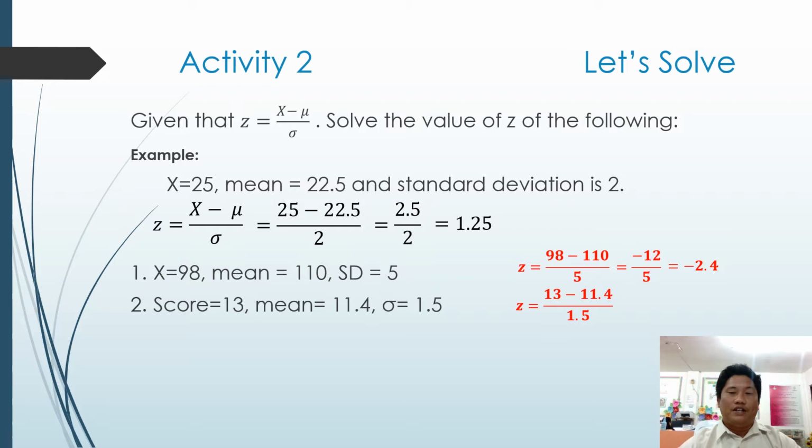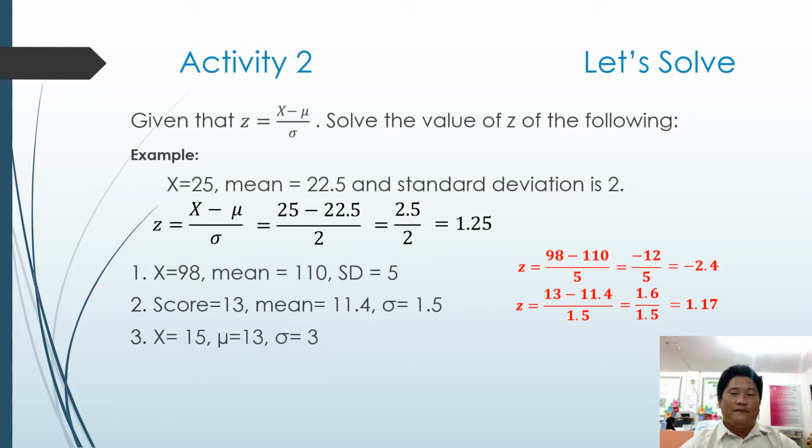We subtract 11.4 from 13, we get 1.6, and copy the denominator, which is 1.5. And simplifying 1.6 over 1.5 using our calculator, we get 1.17. So our z for number 2 is 1.17.